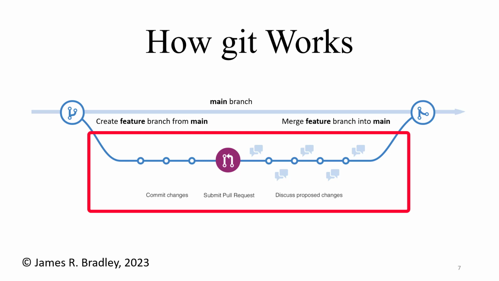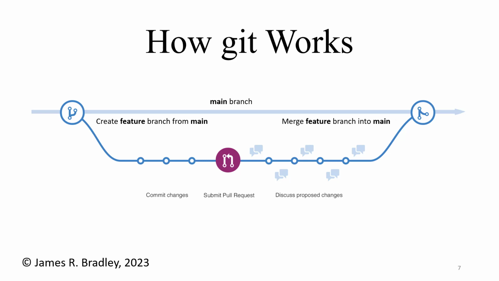And this branch is, in essence, a copy of the main branch that you can change without risk of ruining the functioning program. Along the way, we'll introduce the notion of commits, where the code is changed, you like what you've done, and so you essentially save it.